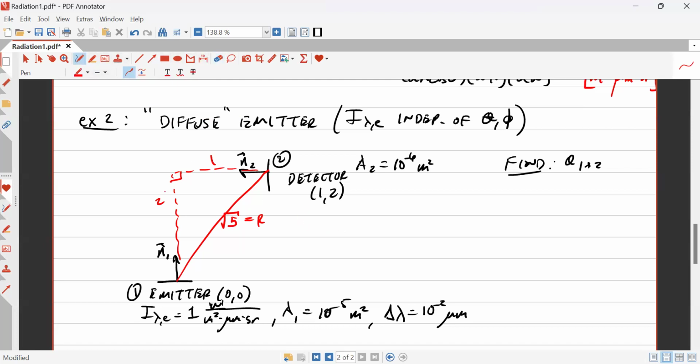And so we need then to define our angles. So this will be theta 1, and this is theta 2. We can tell just by observing our right triangle here that the cosine of theta 1 is going to be 2 over the square root of 5. The cosine of theta 2 is 1 over the square root of 5.